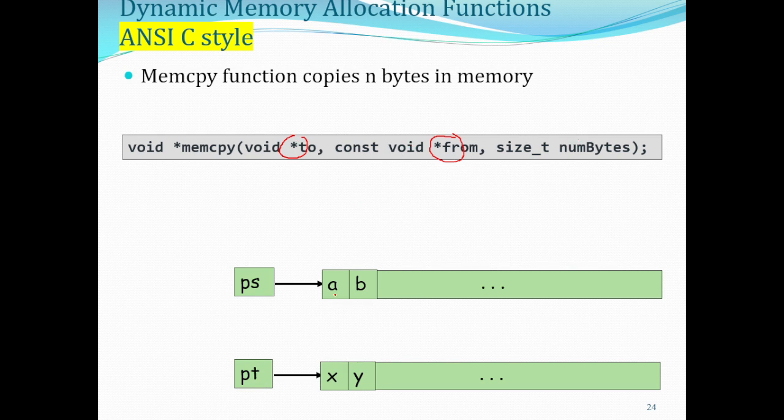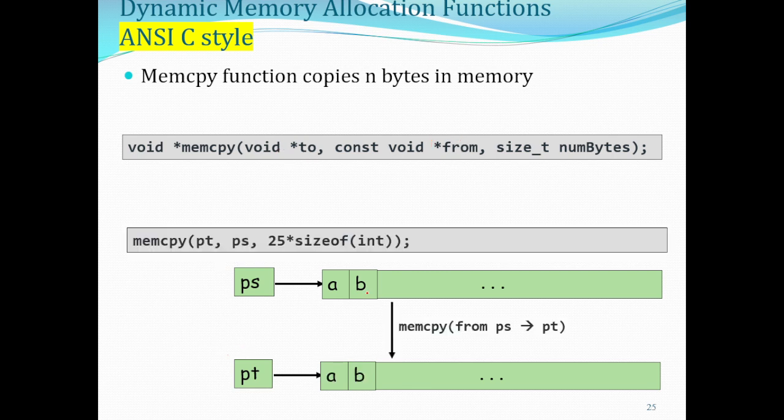First of all, this is my source and this is my target, and I have data in those. Those look different. When I call this function from PS to PT, we are copying 25 integers. In that case, it's copying every integer, every byte to the target.